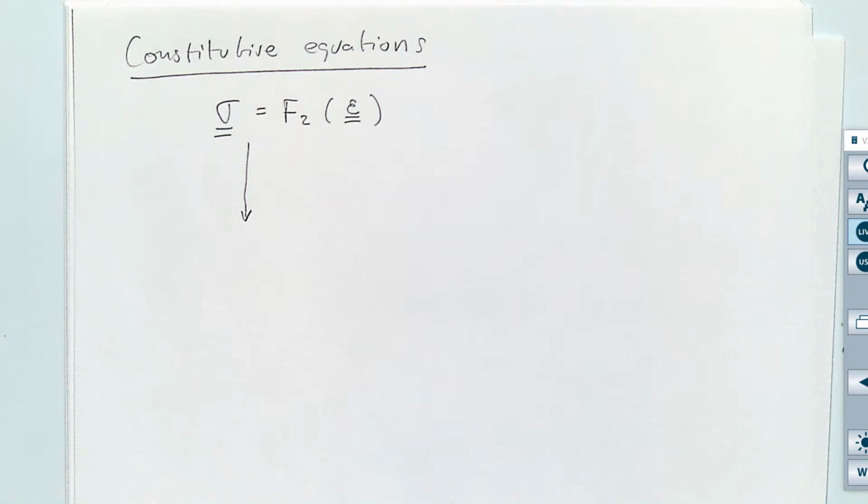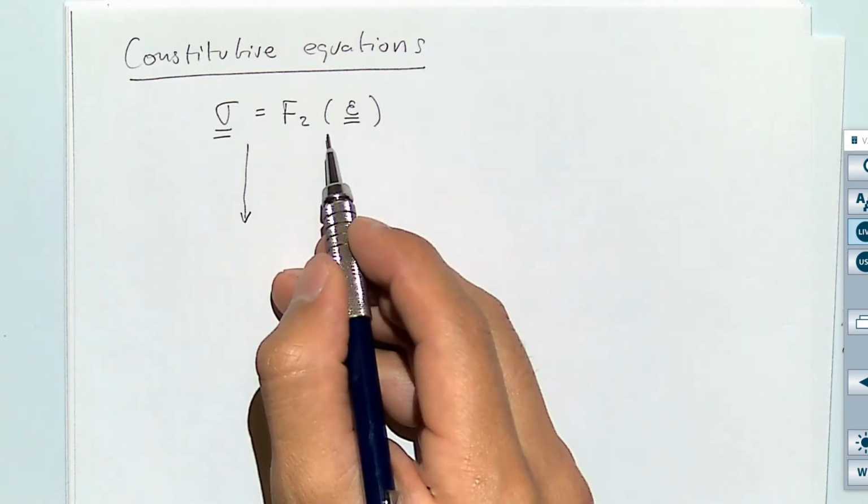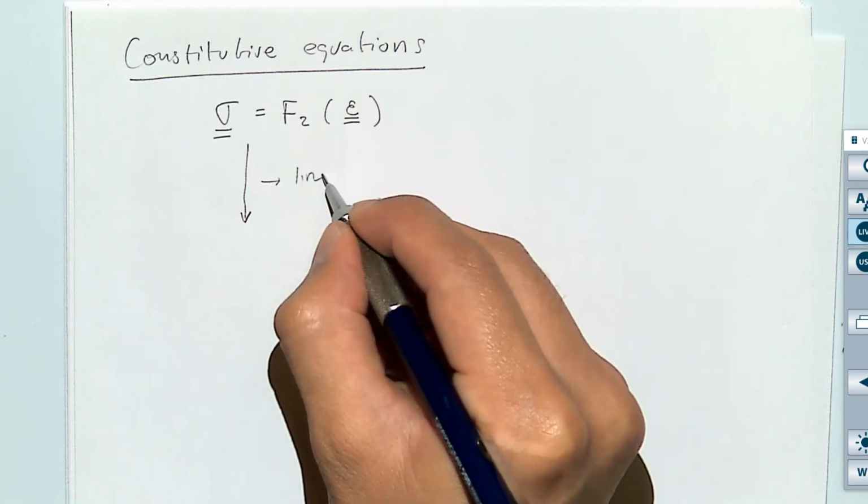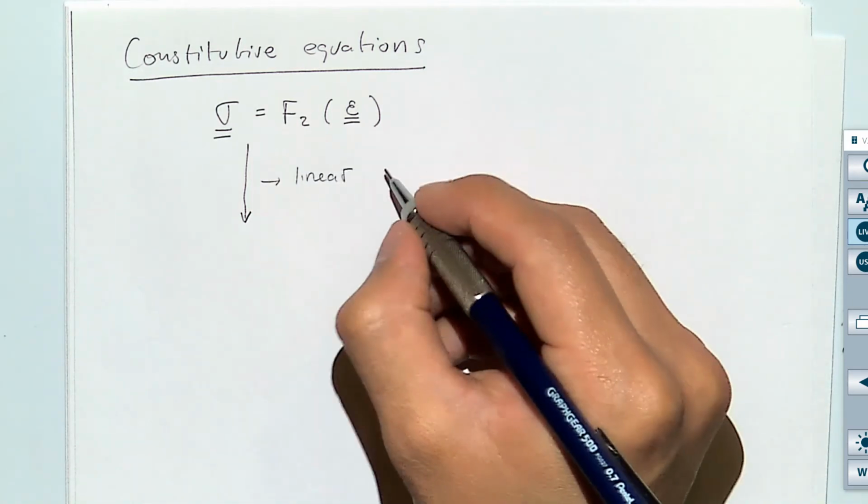Which equations are which type of constitutive? We haven't said which one so far. So we're going to get there in a bit. But the first thing that we're going to do is say that this relationship is a linear relationship.